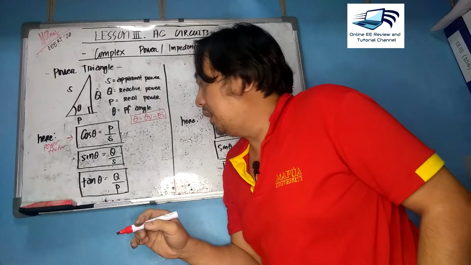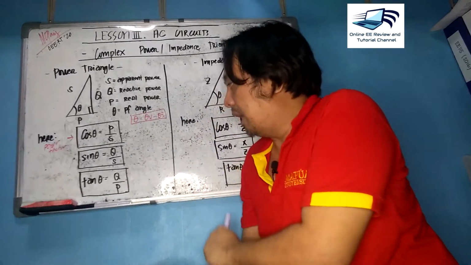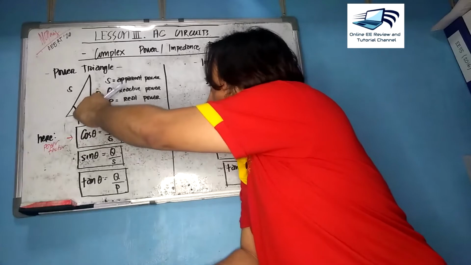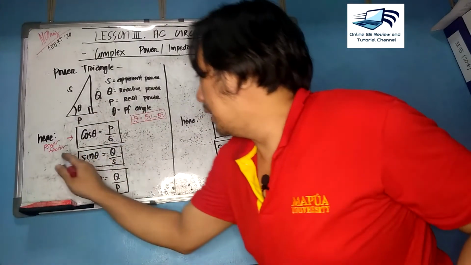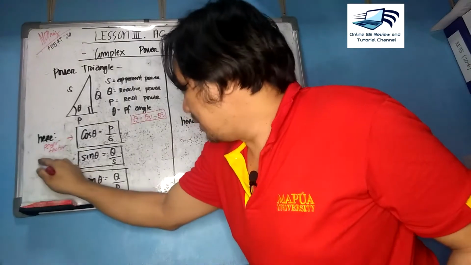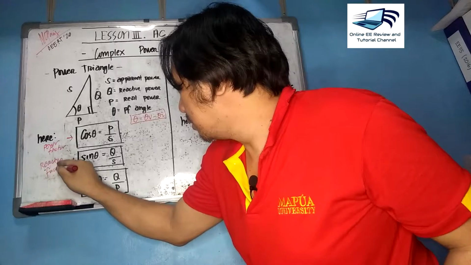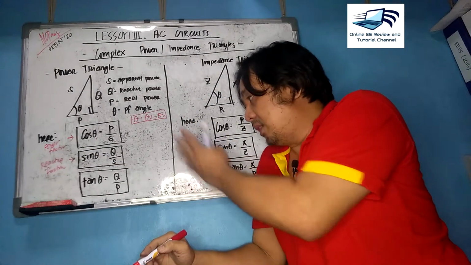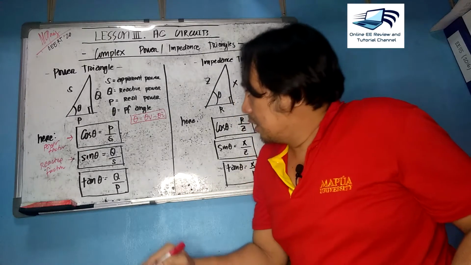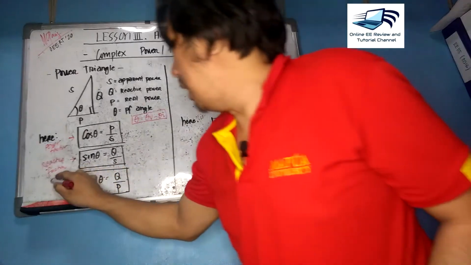Now, the sine theta is your reactive power Q all over S. So Q all over S, sine theta, is called the reactive factor. And last but not least is the tangent of theta, which, as you can see, is Q all over P. That is the so-called quality factor.